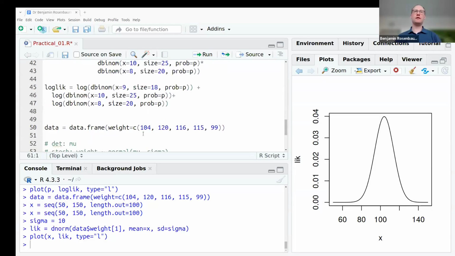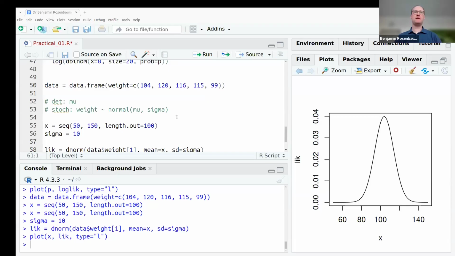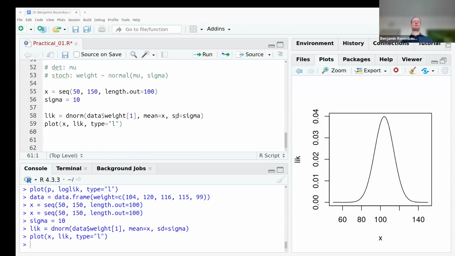Now the likelihood function of the whole data set is the product of all of them. I will quickly write this down. But in the next step, what I want to do is to make this also dependent on the standard deviation, right?